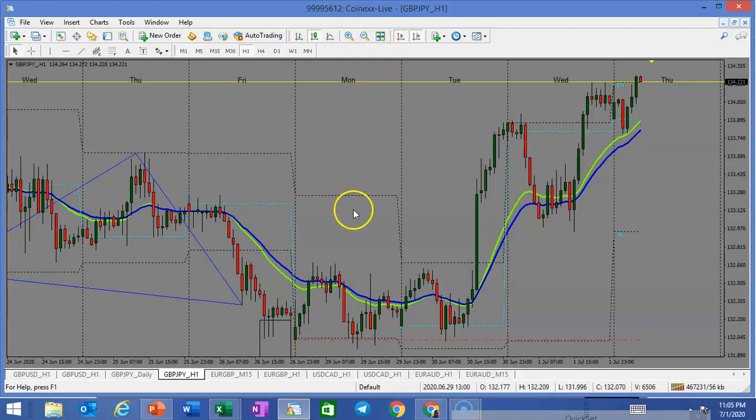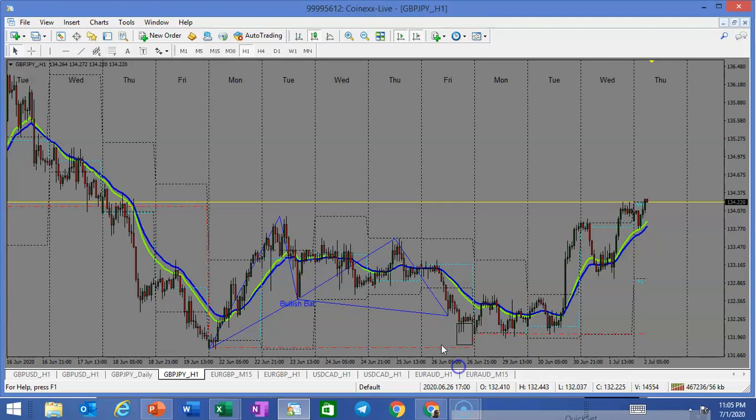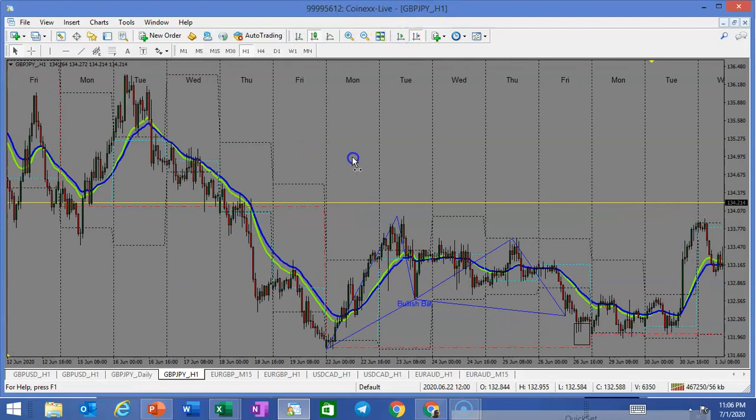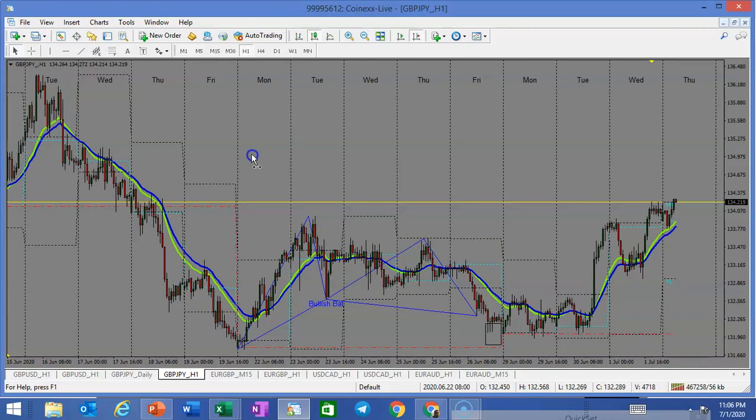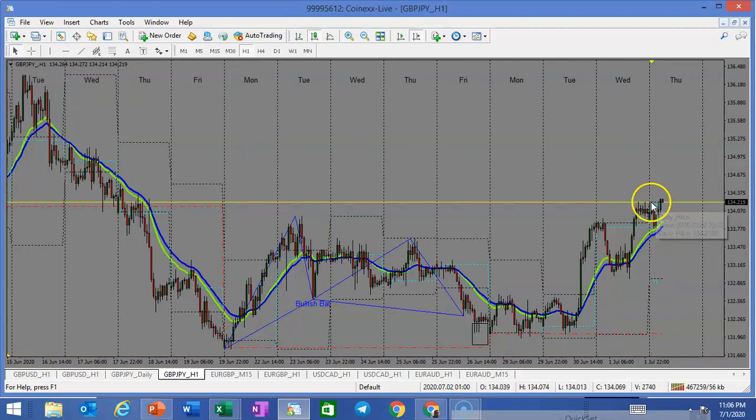So price is actually at a weekly open of like 2 weeks ago. This was last week, see, Monday. This is our current week. This is last week, and this is a weekly open. So from 2 weeks ago, price opened here. This is the level that we're at. It appears as though we've broken that level, as you can see.